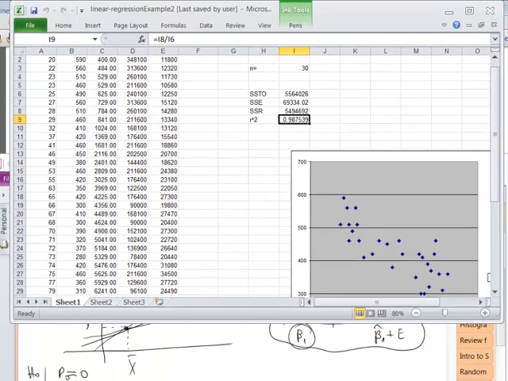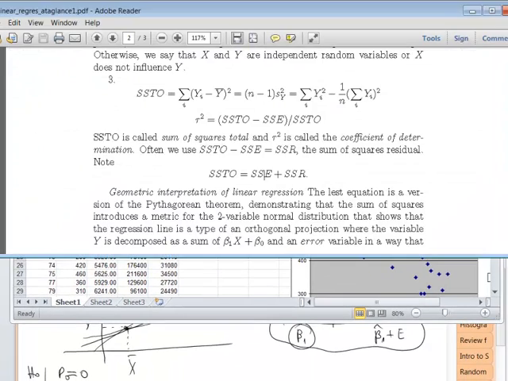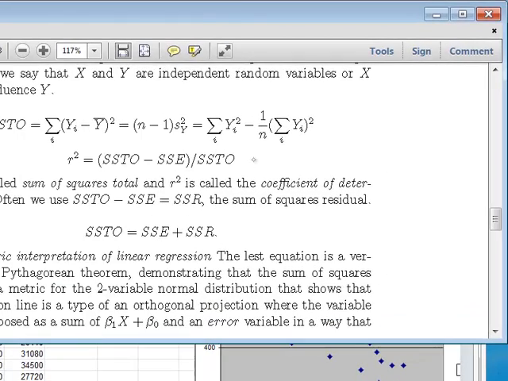We have it in our PDF file. That R square is called the coefficient of determination, and the bigger this number is, the more variability is explained by the linear model. If this number is small, then the linear model does not explain the variability we see in the y variable.